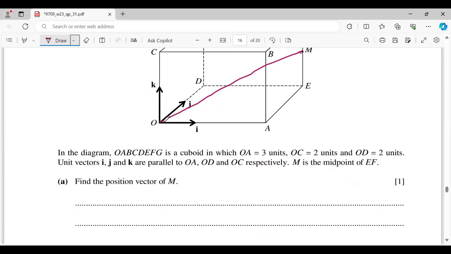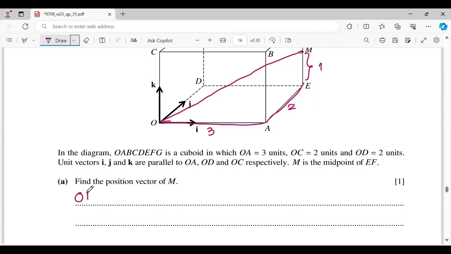To find OM, OA means 3 units, OD is 2 units, and this one is 1 unit. 3, 2, 1.